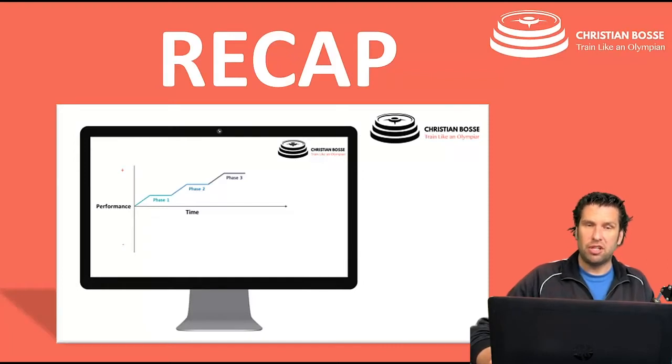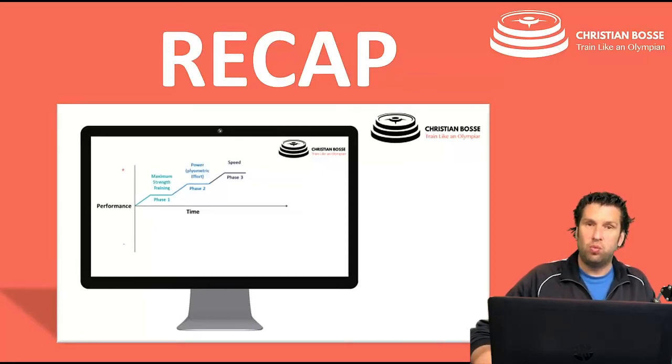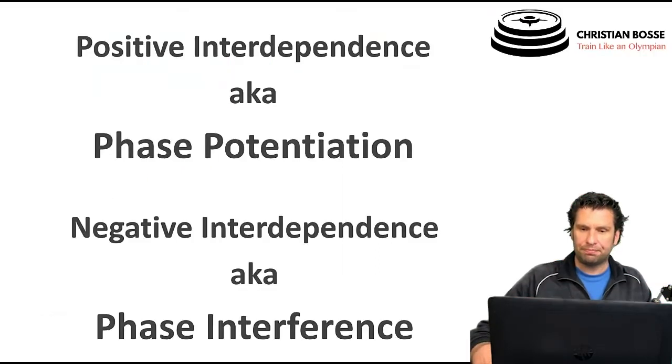And I've showed you an example from my strength training secret course, where you can see phase 1 potentiates phase 2 and phase 2 potentiates phase 3. And I gave you one of the examples. In that course, there are multiple examples of maximum strength training potentiates power training potentiates speed training.